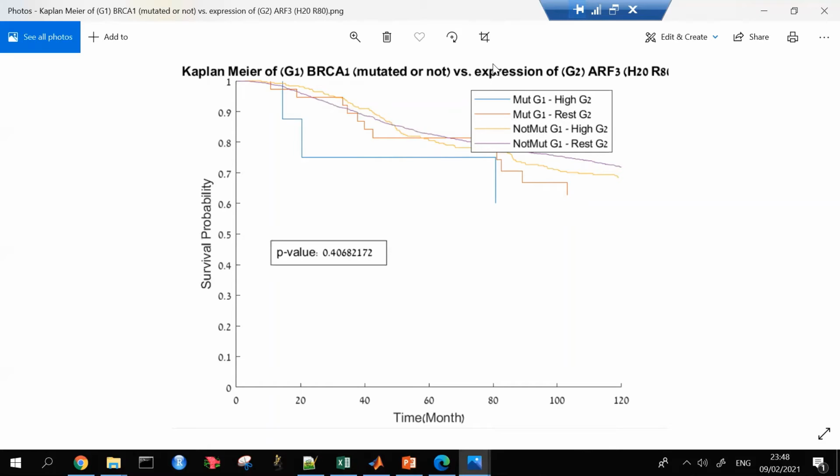We also split by the expression of G2, the candidate gene. In this case, it's ARF3, split by high expression 20% and the rest. The group which had a mutation and a high expression of ARF3 is denoted in blue, and the p-value was 0.4. It is not significant.